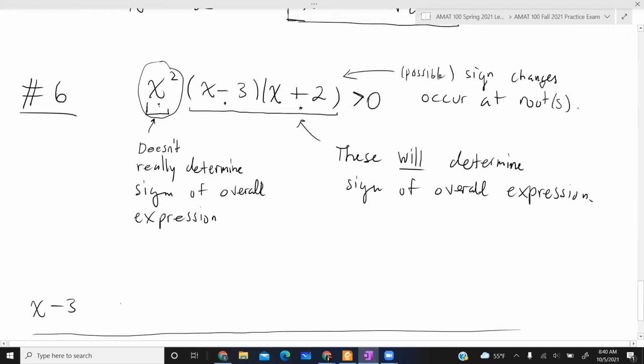So the roots of this expression are, let's put them in order. x plus 2 will give me minus 2 as a root. x minus 3 will give me plus 3, and then the x squared will give me 0 as a root.